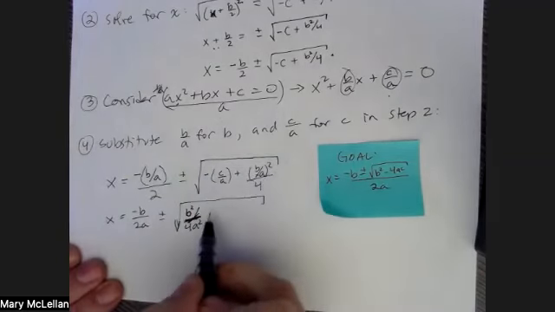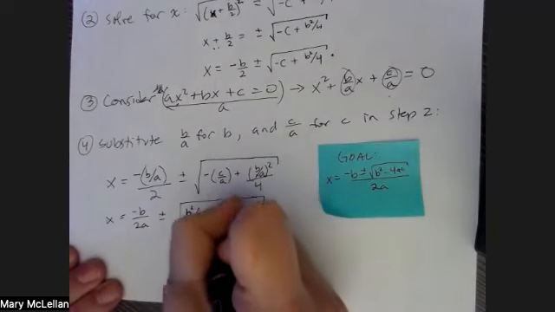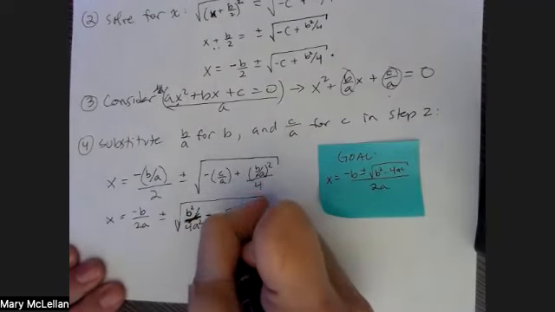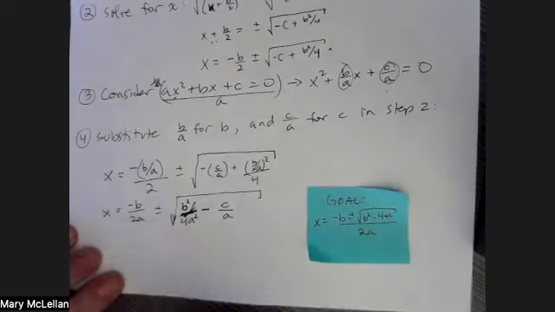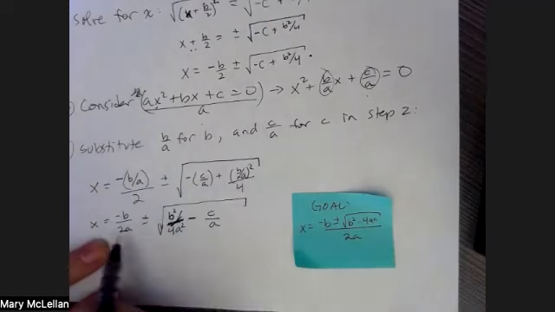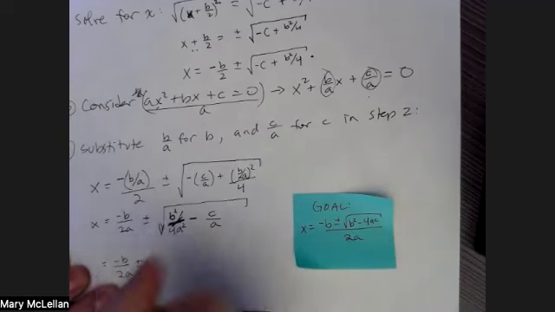I squared the a and moved it to the bottom because it's on the bottom of the fraction anyway. Minus c over a. This is our goal. This is where we're at. This part looking good. So this is the same as negative b over 2a plus or minus.